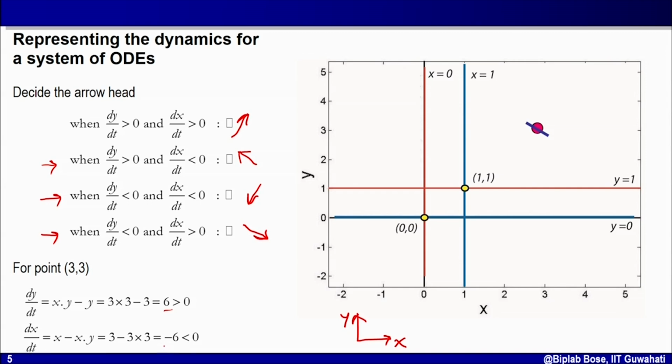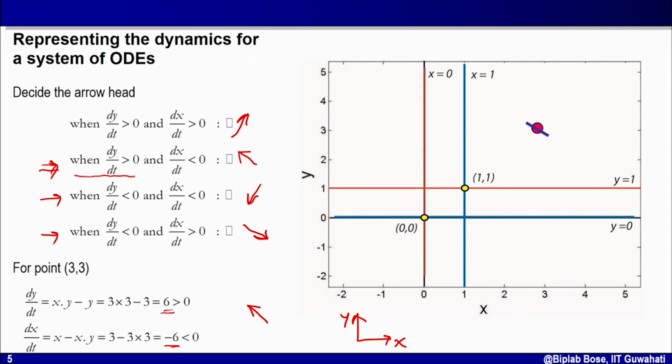So I get minus 6, which is less than 0. So the y derivative is positive and the x derivative is negative. That means my arrow will be in this direction, following this particular rule.